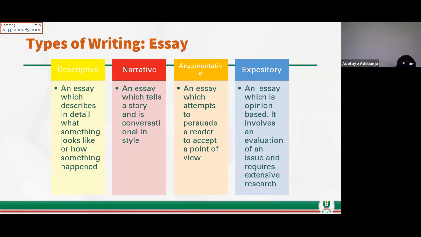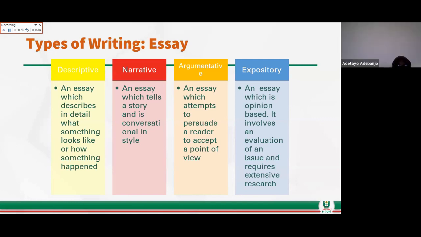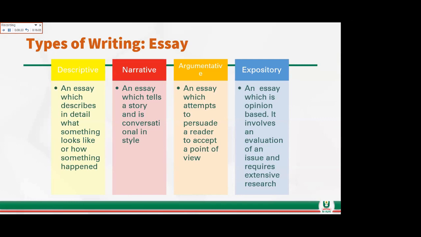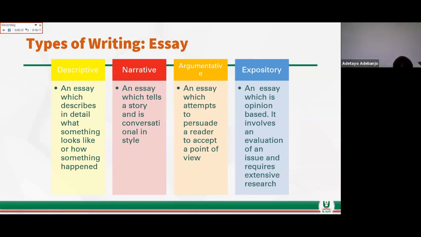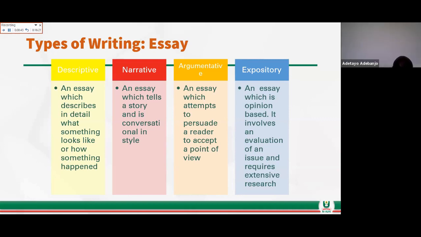When you say essay, it is writing down things, describing them the way they are. A descriptive essay describes details of what something looks like or how something happened. A narrative is an essay which tells a story or conversation. It is a conversation in style. You just narrate the story for us.